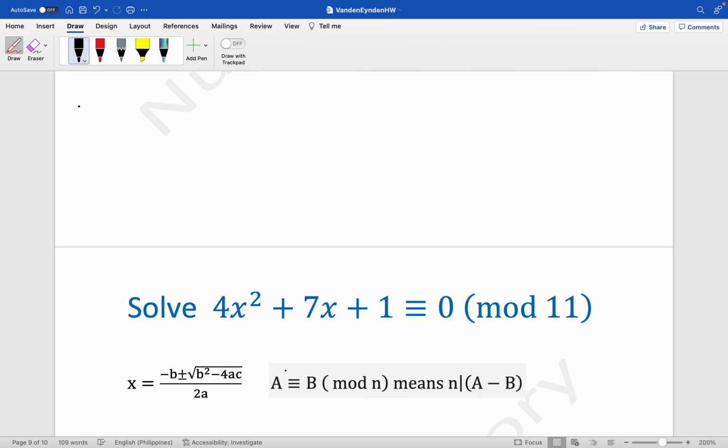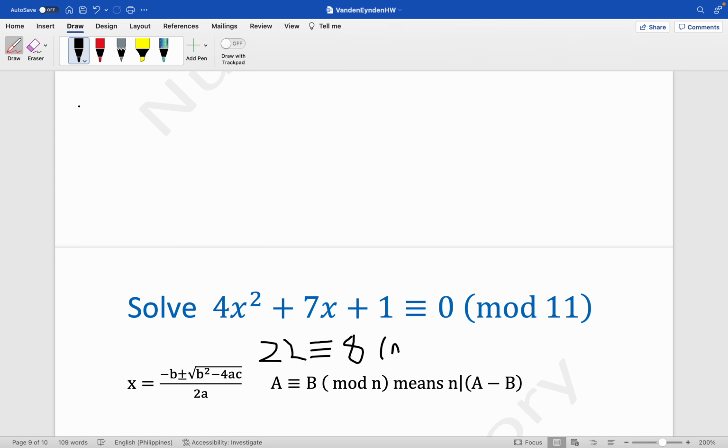Now, just to be clear, y'all probably know a lot of this already, but let's just do a concrete example here. 22 would be congruent to 8 mod 7.